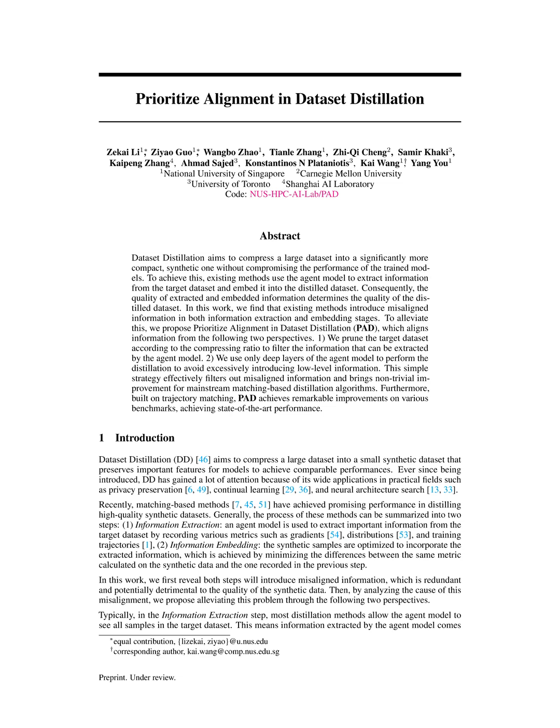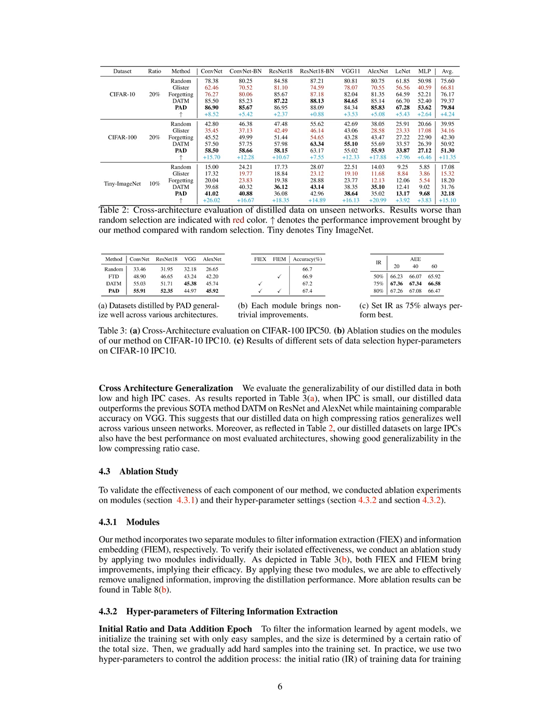It then ensures that only samples whose difficulty aligns with the desired compression ratio, IPC, are used for training the agent model, gradually incorporating harder samples as training progresses. In the information embedding step, the parameter selection module masks out shallow layer parameters of the agent model, which typically provide low-quality signals, ensuring that only deeper layer parameters are used for distillation.